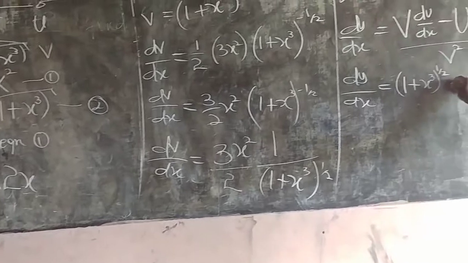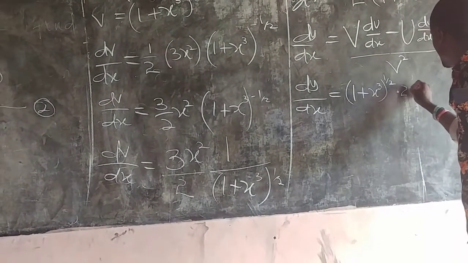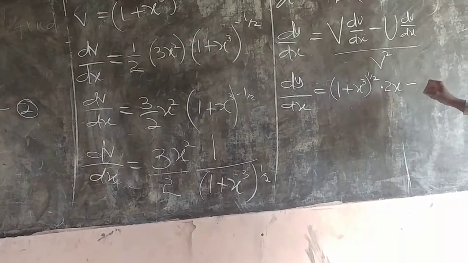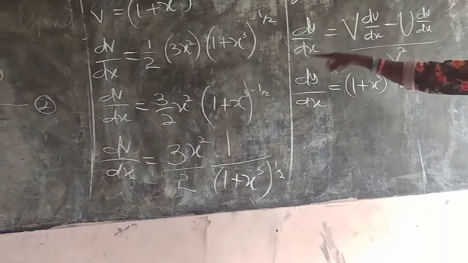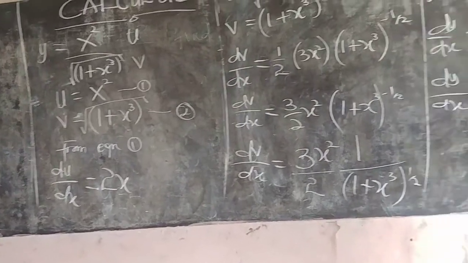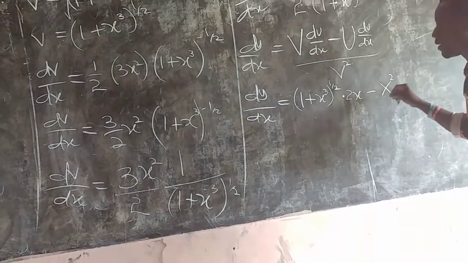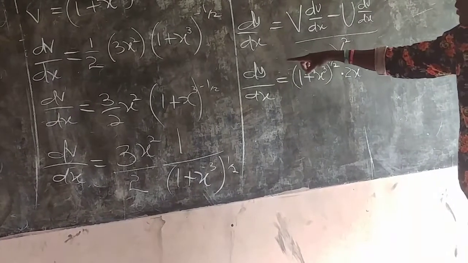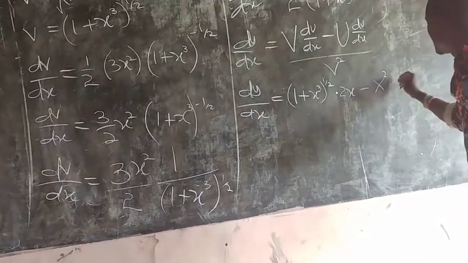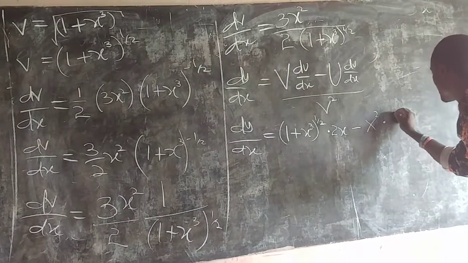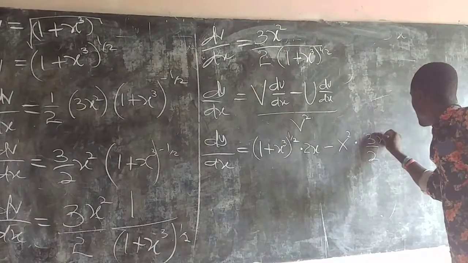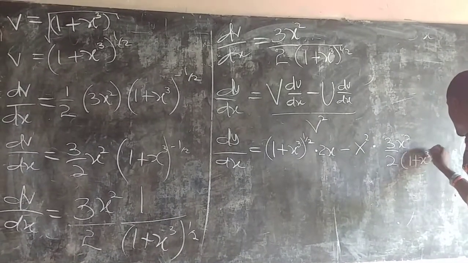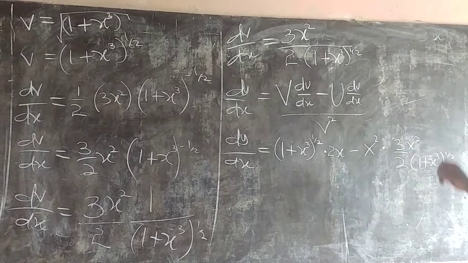So let's multiply by 2x. Let's bring the operation sign, minus u. And our u is x squared. So x squared times dv/dx. And our dv/dx is just here, so times 3 over 2 x squared bracket 1 plus x cubed exponent 1 over 2.